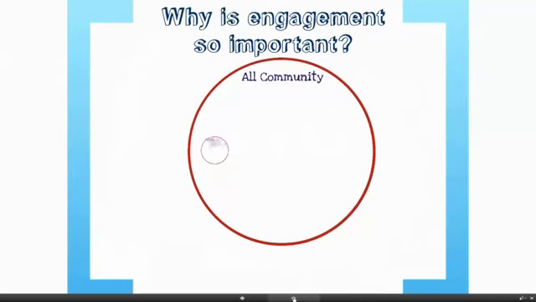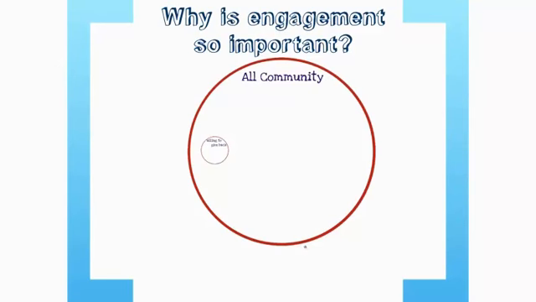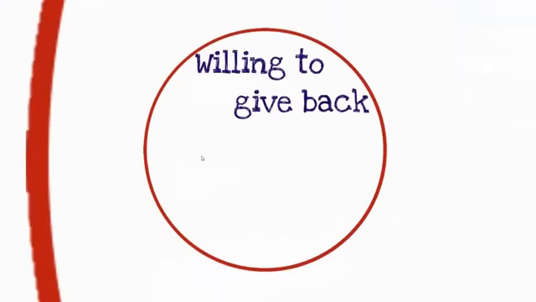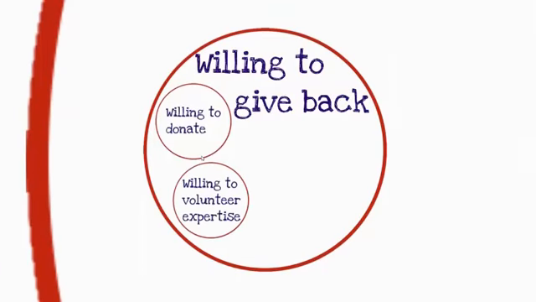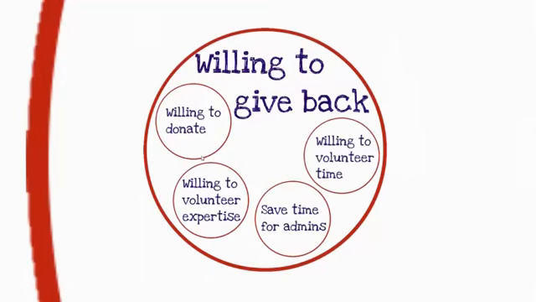Okay, so in a very simple representation of what we're talking about, you've got your entire community, represented by the large circle, and inside that entire community are the people who are willing to give back. If we have a closer look at what defines someone willing to give back, that is someone willing to donate, someone willing to volunteer expertise, someone who saves time for administrators, and someone willing to volunteer their time.